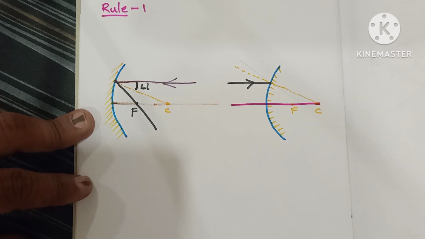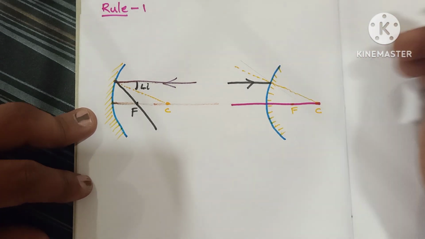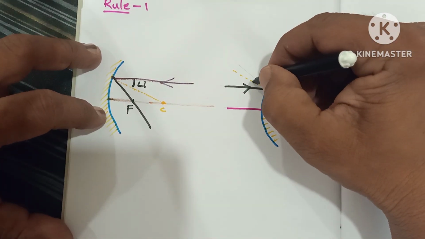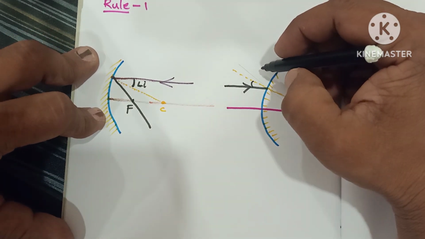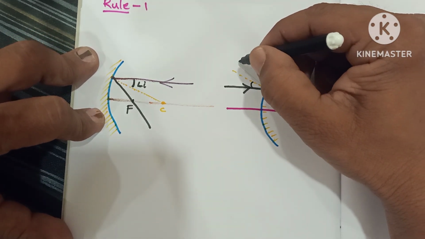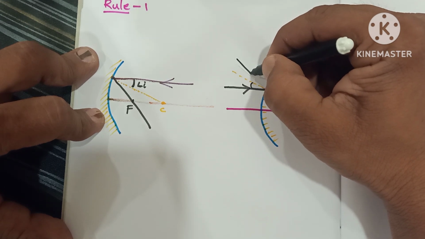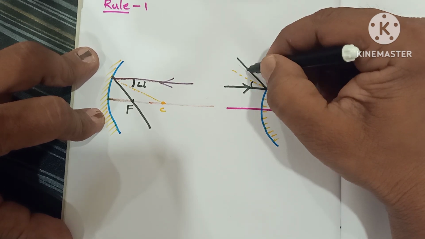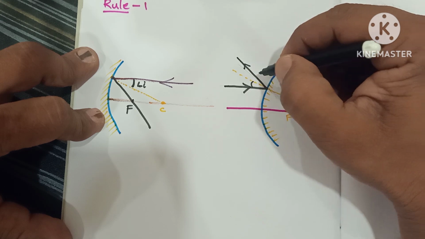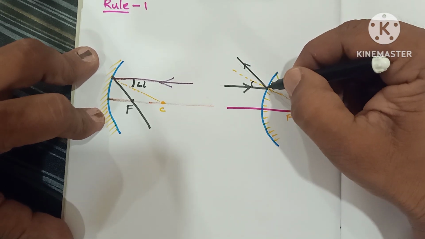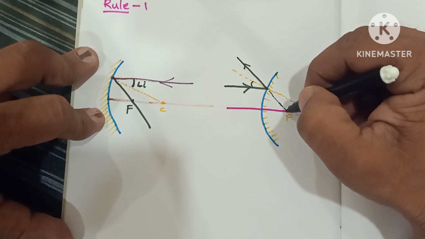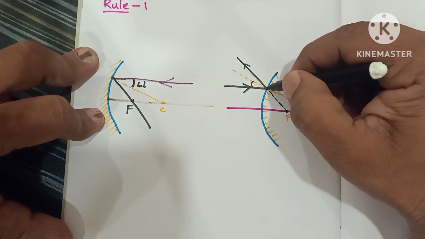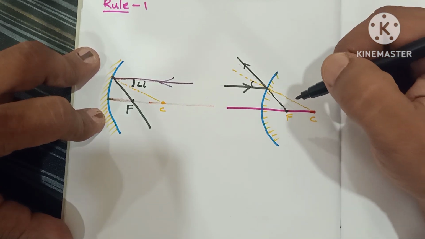Okay, now after reflection this is the angle of incidence, angle I, and with this same angle the ray gets reflected. As it is a diverging mirror, it gets reflected like this. Now if we extend this one inside the mirror, it touches the point focus or focal point.